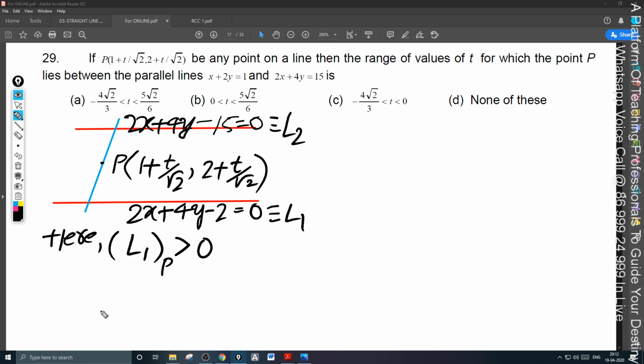And your L2 at P should be less than 0, because it must lie below the line, and here it must lie above the line. Based on that only, I have taken one greater than 0, the other less than 0. Let us substitute now.